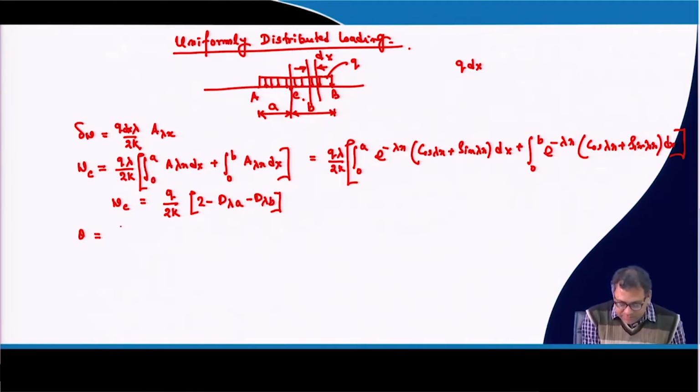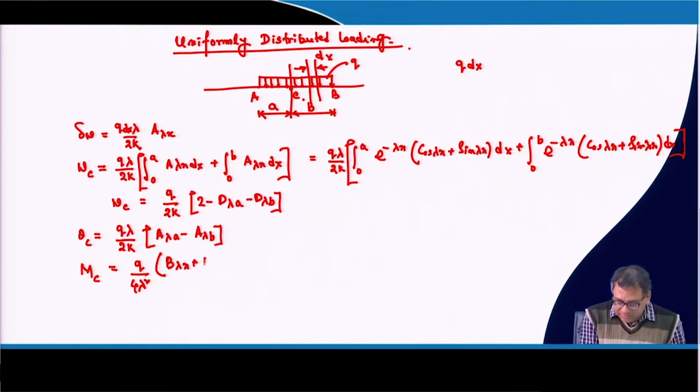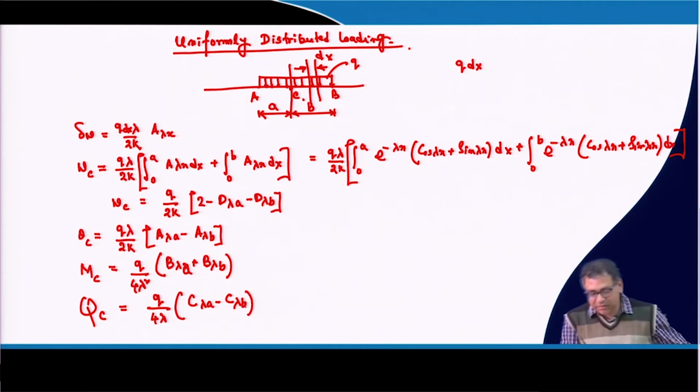So, I am giving the final expression, that is Q lambda by 2k, A lambda A minus A lambda B, and the bending moment at C, slope at C, that is Q by 4 lambda square, B lambda x plus B lambda A plus B lambda B, and the shear force at C is equal to Q by 4 lambda, C lambda A minus C lambda B. So, these are the equations for the UDL.